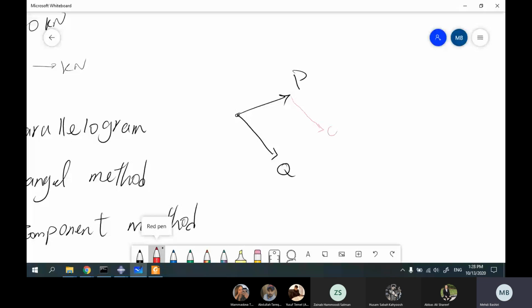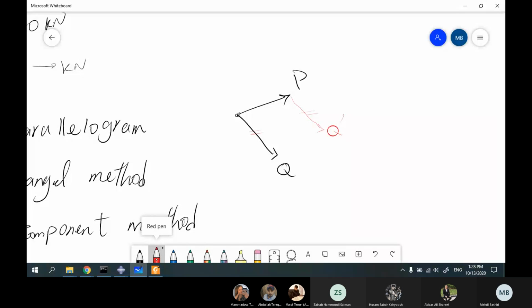This is Q prime. And as I said, Q and Q prime are parallel with the same direction and with the same magnitude. But Q prime starts from the end of the P force.